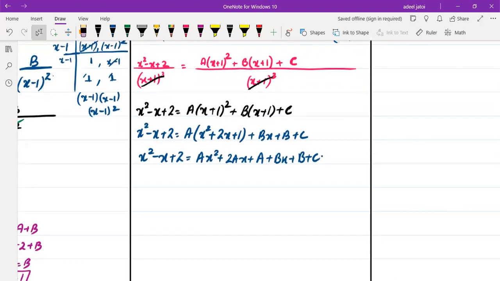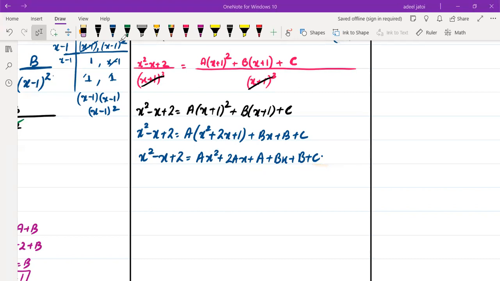Now, we can see that x square can be compared to ax square. Minus x can be compared to 2ax plus bx, because I see x, x, and x. Whereas the constant number can be compared to a, b, and c.